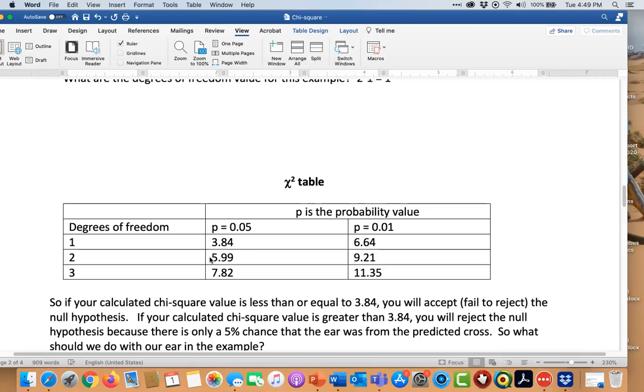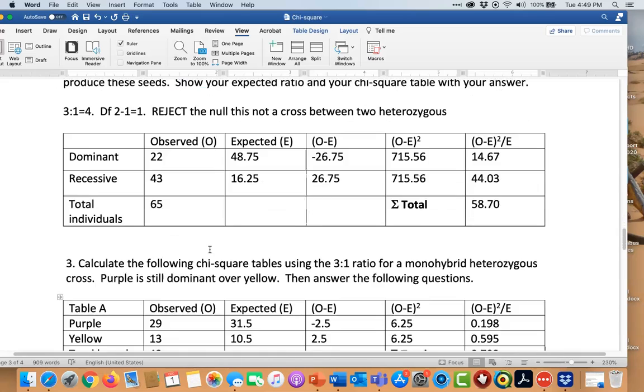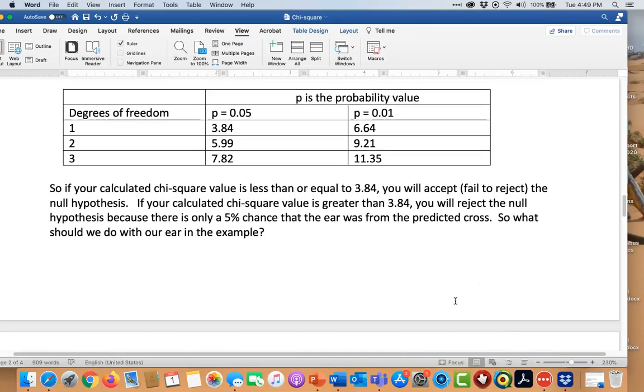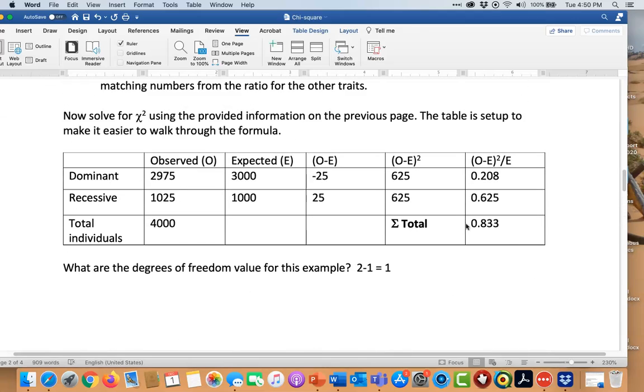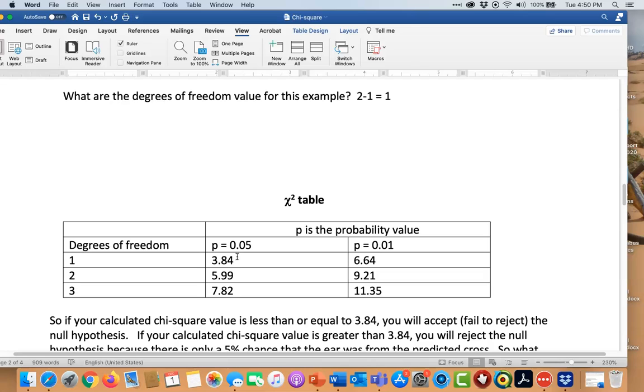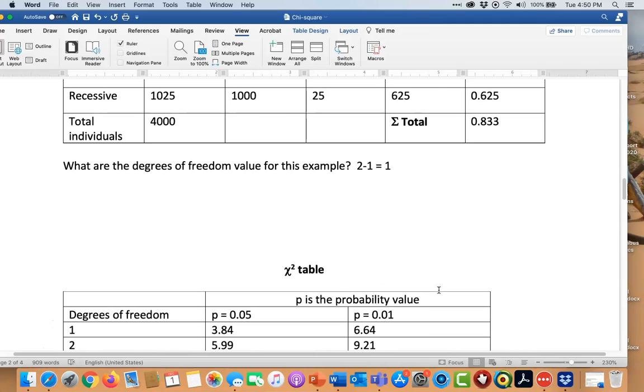So that means that these kernels are from that heterozygous cross. It is a 3-to-1 ratio, even though it doesn't quite look like it. It is according to this chi-square. Same thing as the one up here. That chi-square number is well below both of these numbers. And so we fail to reject the null hypothesis, saying it is from that cross.